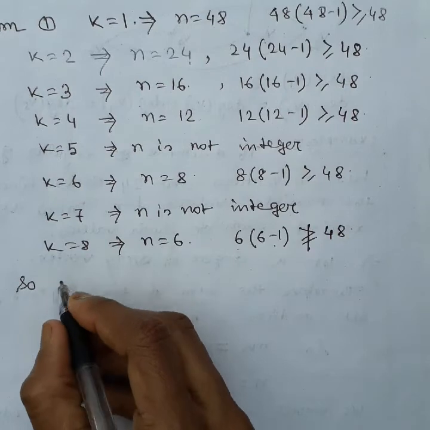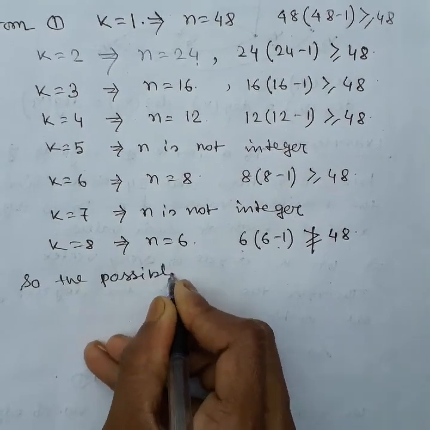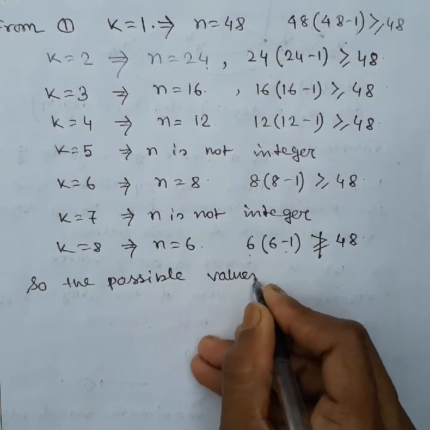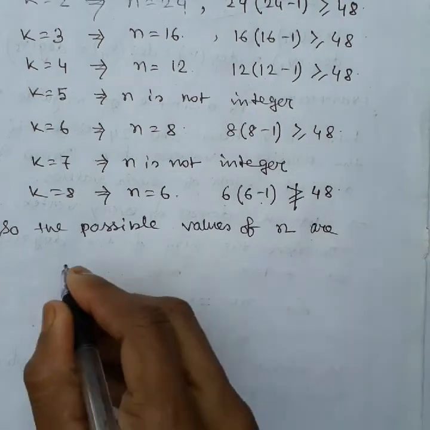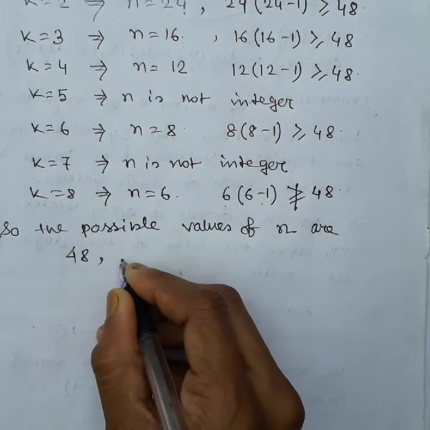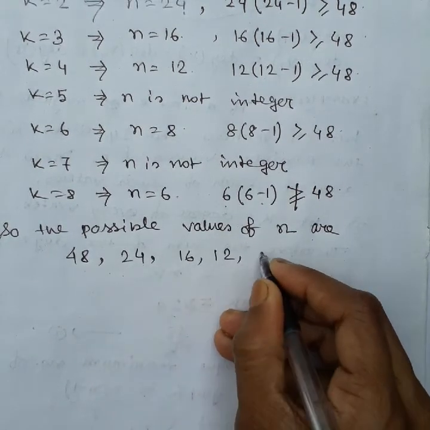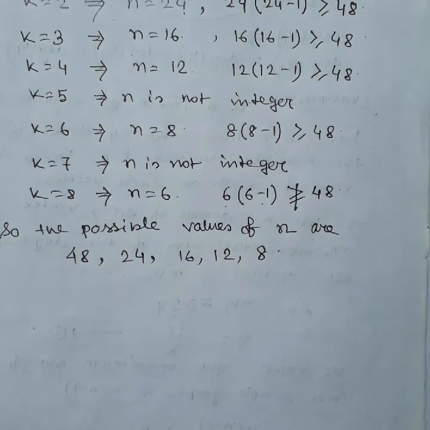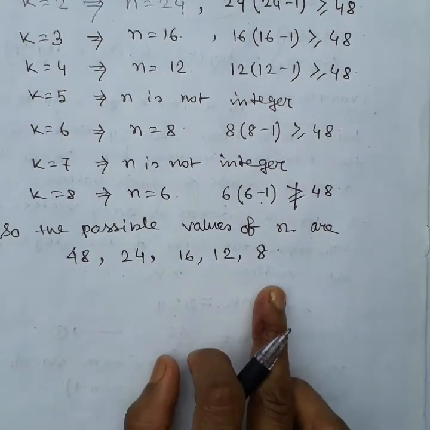Okay, so the possible values of n are: first 48, then 24, then 16, then 12 and 8. So the number of vertices should be these.